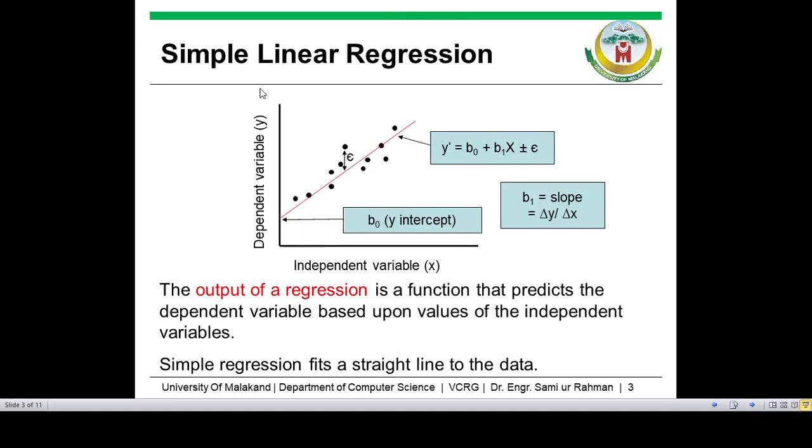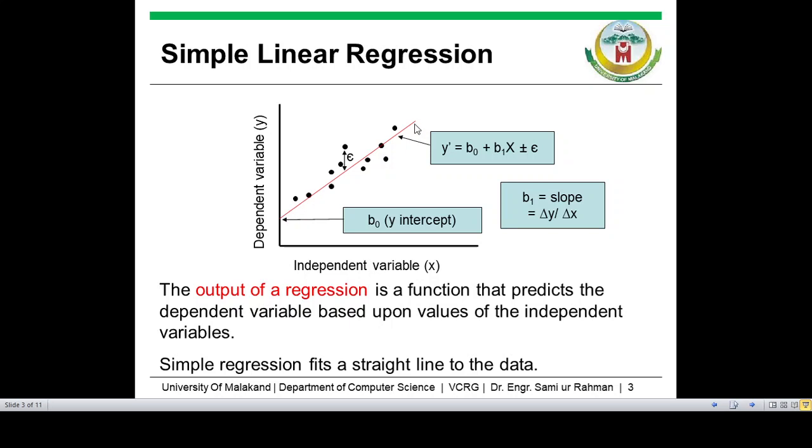Now, a simple linear regression model means that, let's say we have these samples, sample 1, 2, 3, 4, 5, 6, 7, 8, 9, 10, 11 and so on, and for these samples we can consider one line, that all the samples go through this line. Let's say we assume that this is the mathematical model that represents these samples.